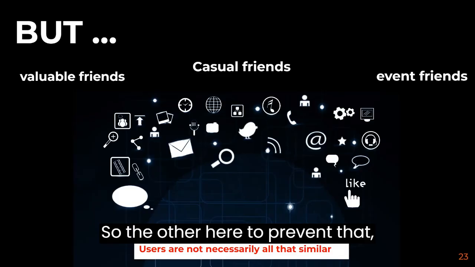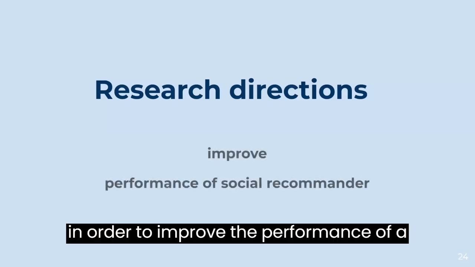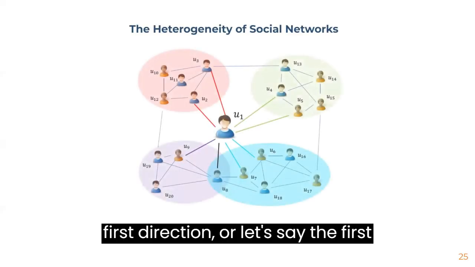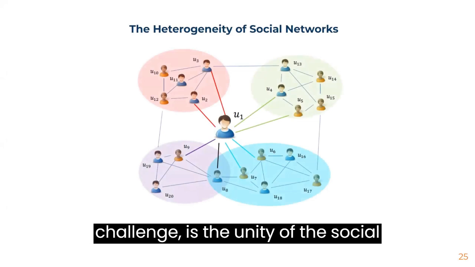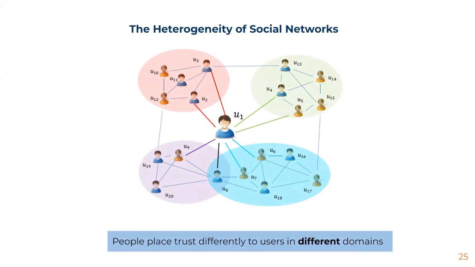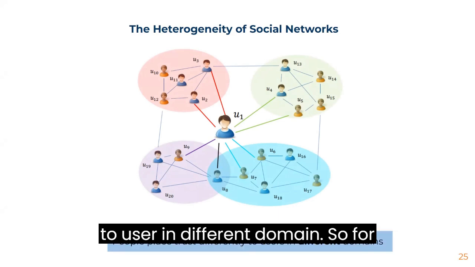So the author, to prevent that, gives us some research directions in order to improve the performance of a social recommender system. The first direction, or the first challenge, is the heterogeneity of the social network. People place trust differently in different domains.